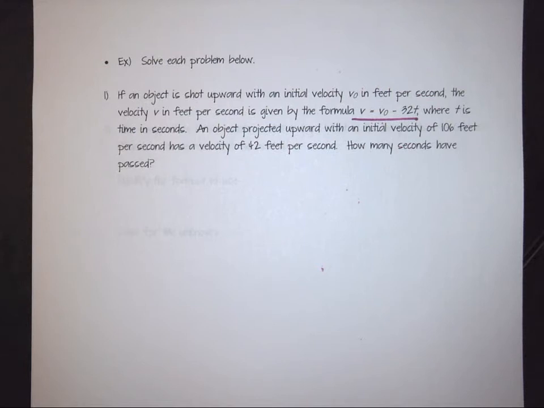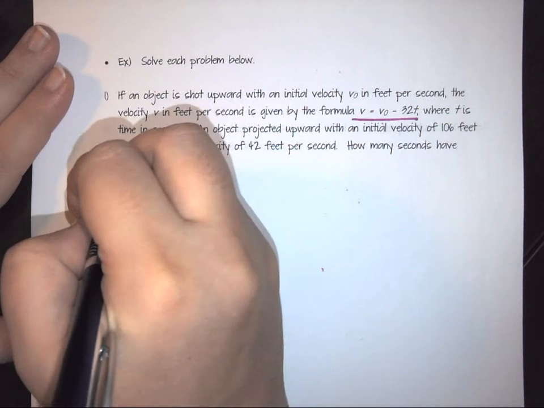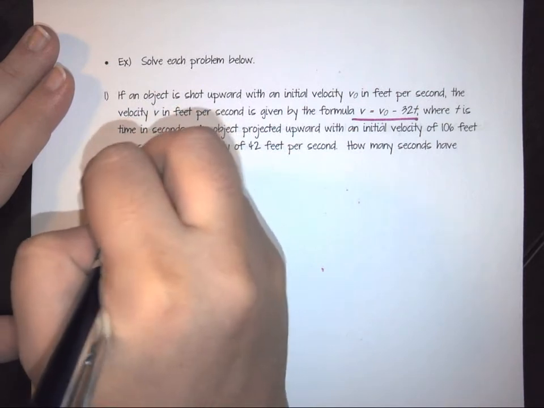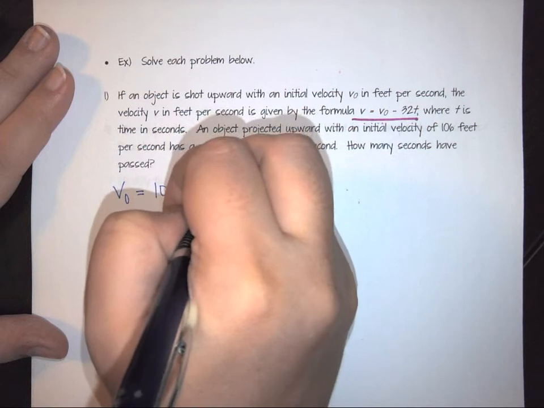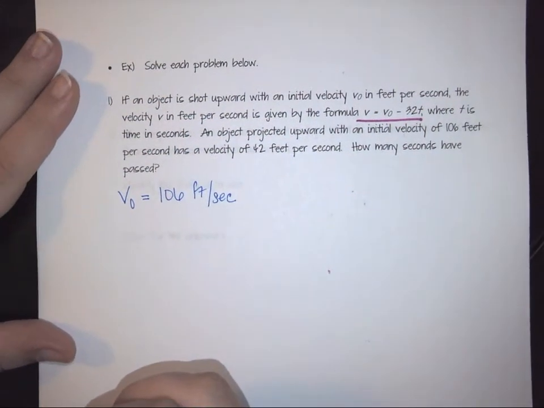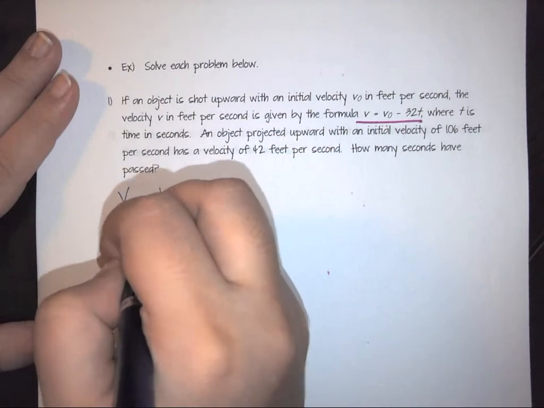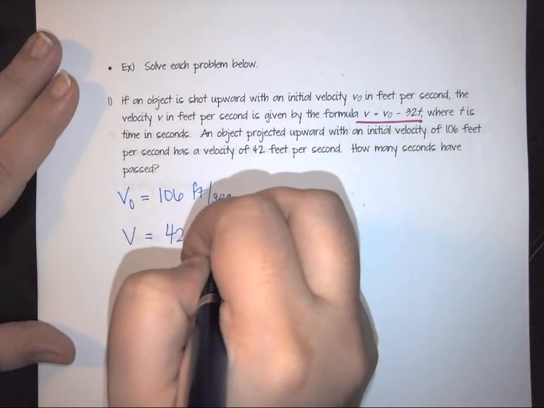How many seconds have passed? That's a lot of information, so we have to look at what exactly we have been told. Here we're told that your initial velocity is 106 feet per second, and that your final velocity is 42 feet per second.